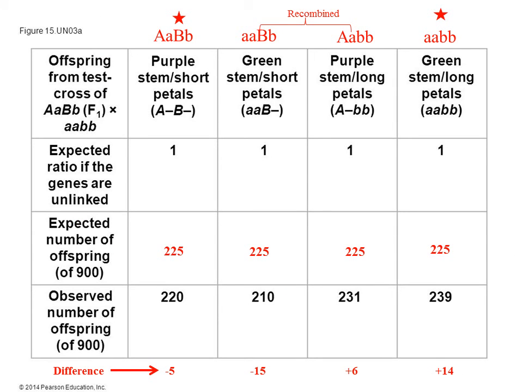This chart shows you the same thing. The recombined types are in the middle two columns, and the parental type lookalikes are the two columns on the outskirts of the recombined types.